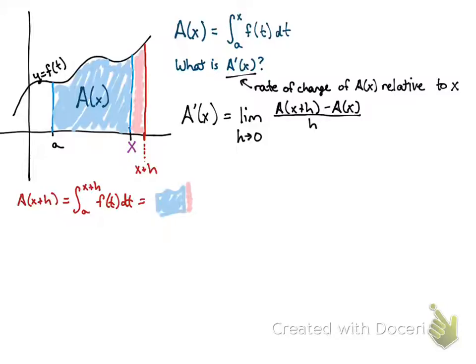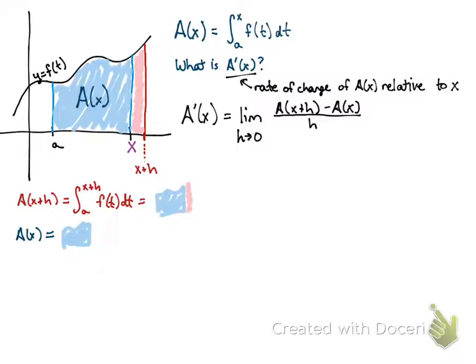But that means that's the area starting at t equals a and ending at t equals x plus h between the function and the axis. That is the total shaded area, both the original blue part and this new little pink part that I've added. That's that total area from t equals a to t equals x plus h, whereas A of x is just the first original blue area.